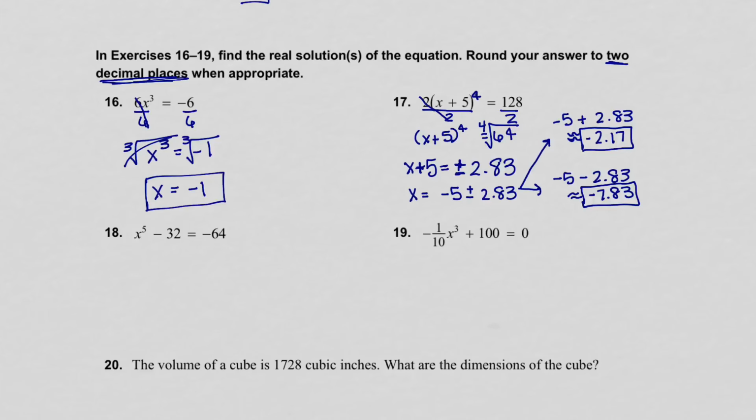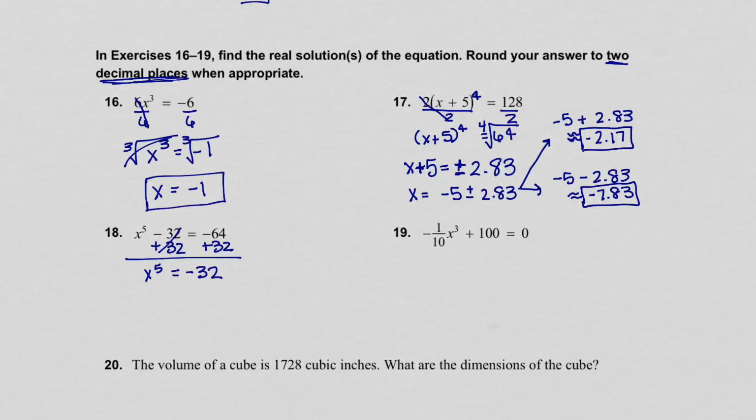Down here, I see that I have a minus 32, so I want to eliminate that by adding 32 to both sides. When I do that, that goes to 0, so I have x to the 5th equals negative 32.